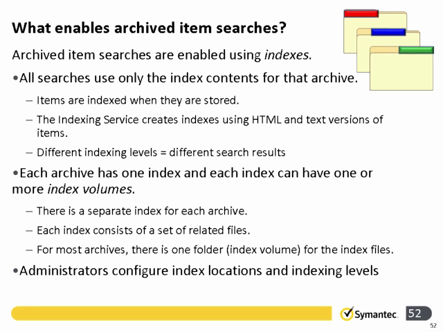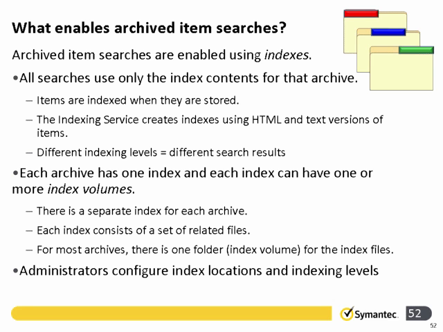When you're setting it up, we have different types of indexing levels. I mentioned this before. I'm going to give you the names of those two different indexing levels, and we'll discuss them in more detail later. The names are brief and full, so those are our two indexing levels in the Enterprise Vault 10 environment. Each archive will have one index. Each index can have one or more index volumes.